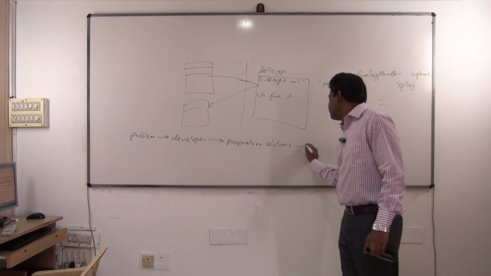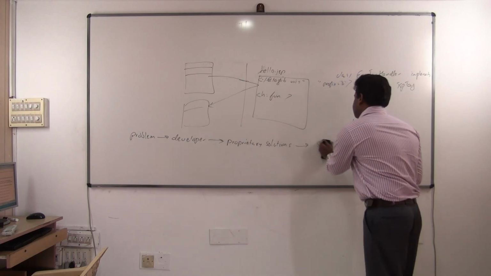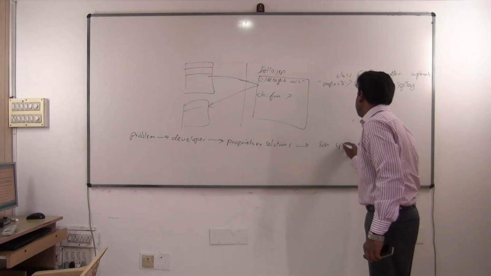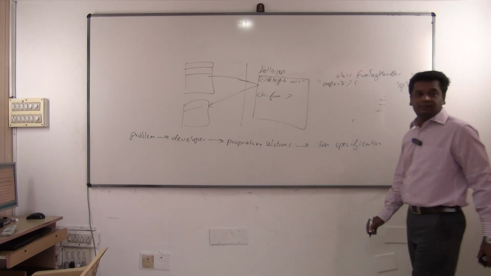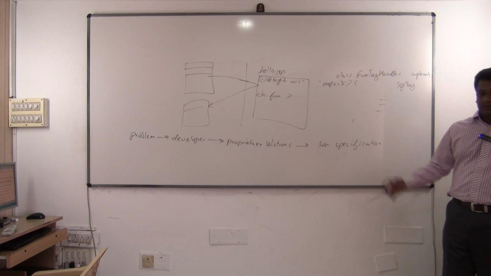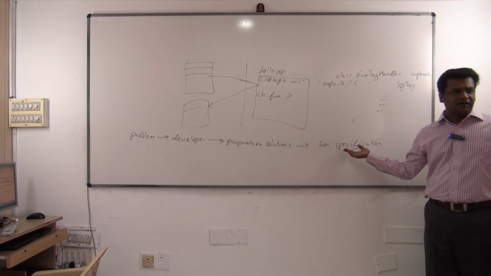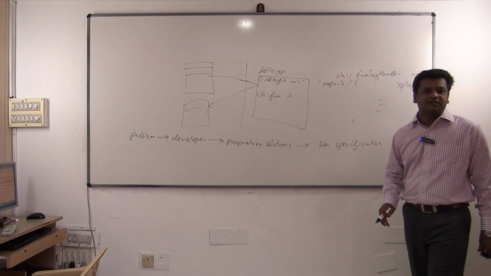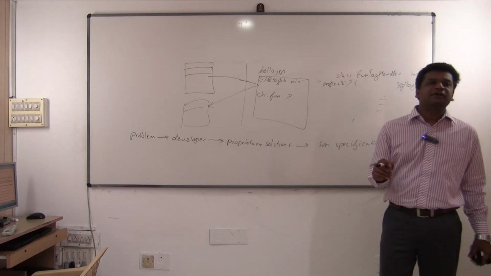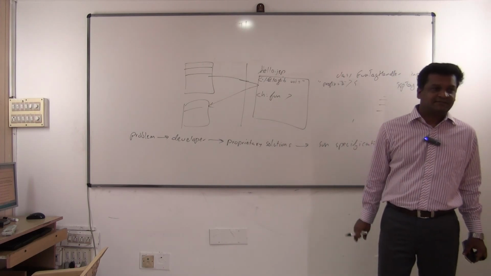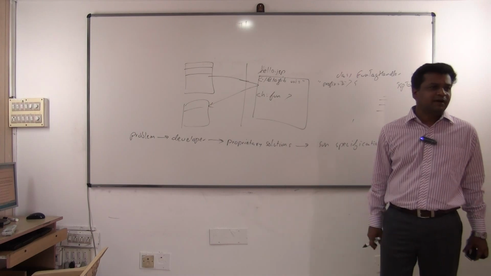Here also, proprietary solution, then finally Sun specification. This is how it happens. So this is also in the specification, what we are learning. Now the beauty of this is, if you learn these tags now, they are standard, and you can use them in any server. That's the most brilliant part of it.